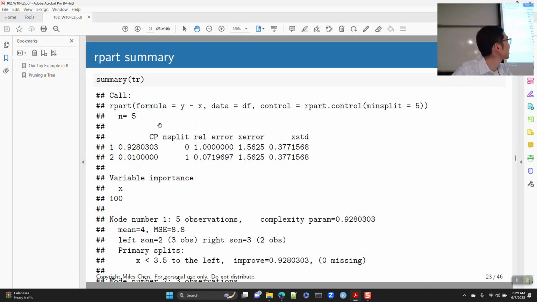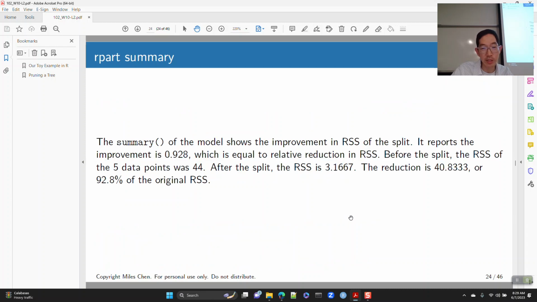Basically, it's kind of like an R-squared value for that particular split. The primary split is going to be at x less than 3.5, and here it says your improvement, or your complexity parameter, is 0.928, right?